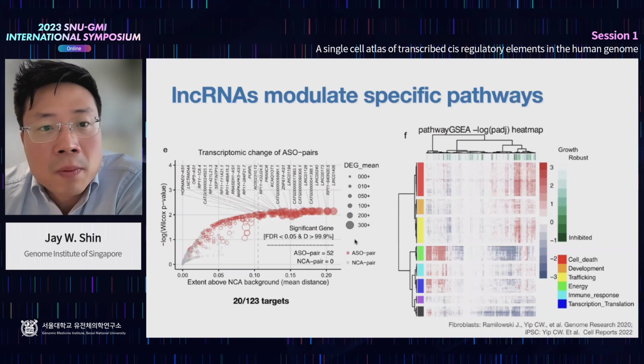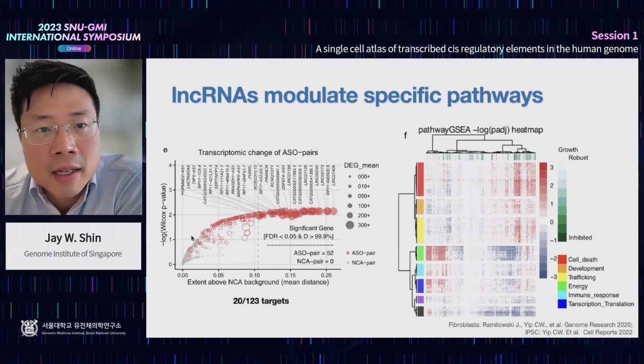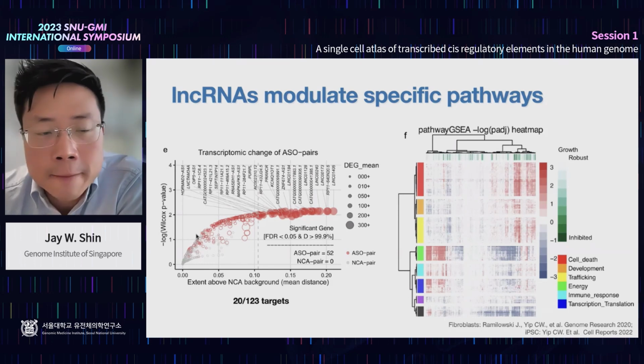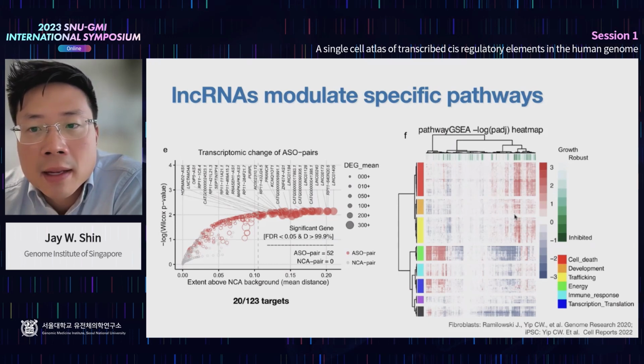But interestingly, we also performed RNA sequencing and profiled their gene transcriptional activities upon the depletion of these non-coding RNAs. And some non-coding RNAs lead to very little transcriptional changes, but some lead to very significant changes in gene activity. And these differentially expressed genes can then be mapped to functional pathways to understand the functional associations of these non-coding RNAs to various classes of GO ontologies.